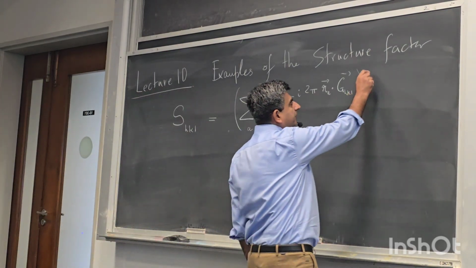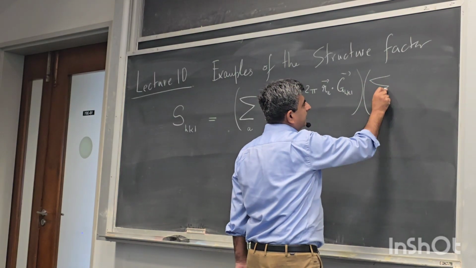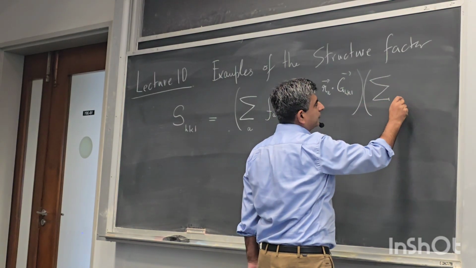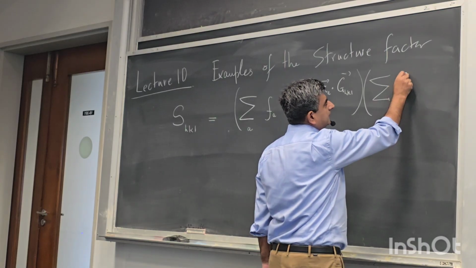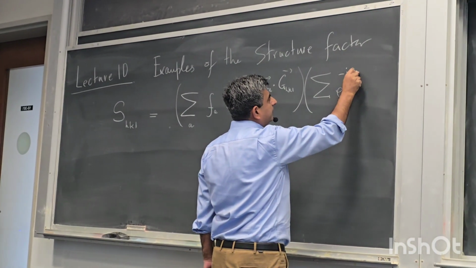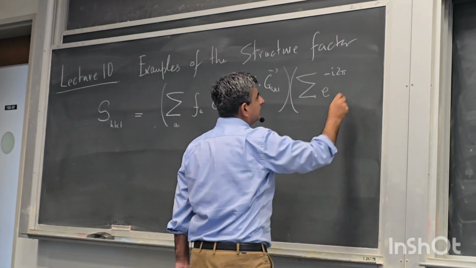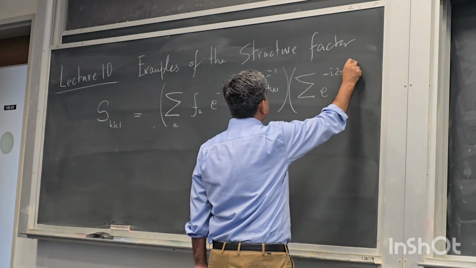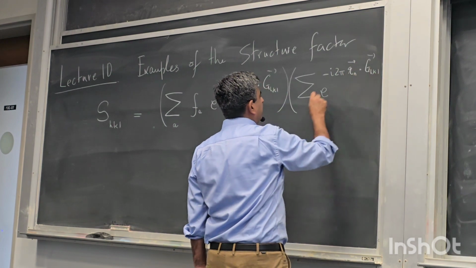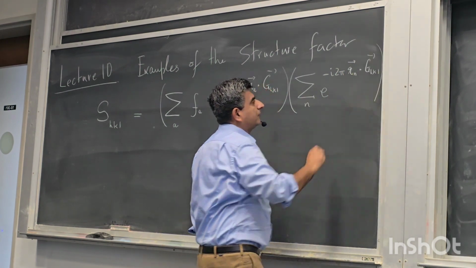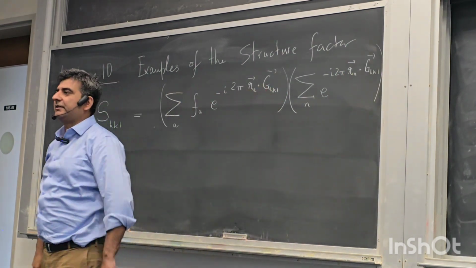And you multiply this with a structure factor corresponding to the lattice sites, e raised to power minus i 2 pi Rn dot GHKL, where n is now taken over the points inside the lattice.